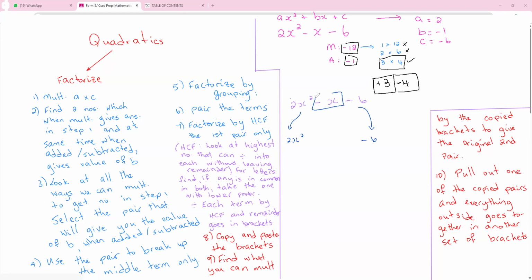And you're going to break up the middle term using those two numbers that we used. So you could put any one first once the sign is correct in front of it. So I'll put positive 3x minus 4x, because negative 4x plus 3x, we subtract, keep the sign of the bigger number, and we'll get minus 1x.